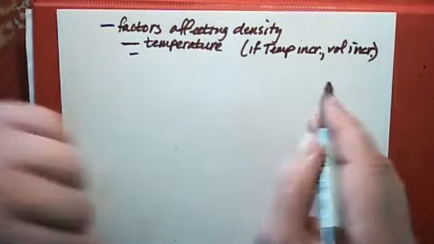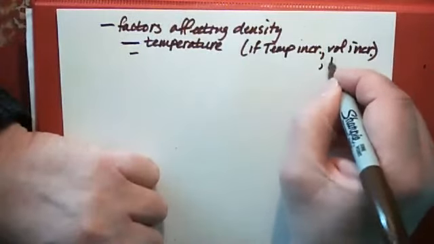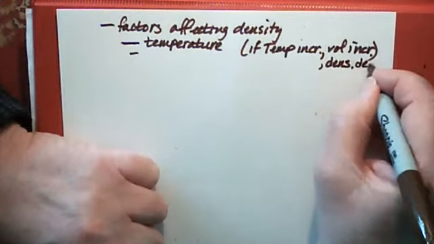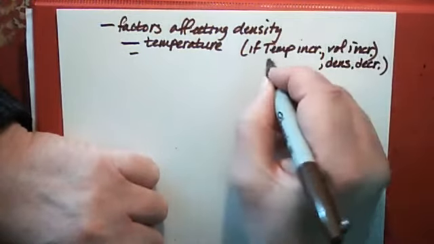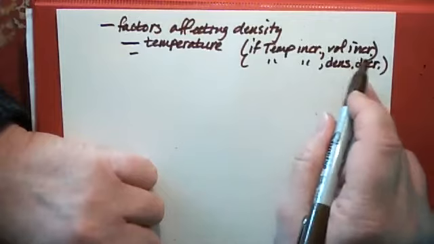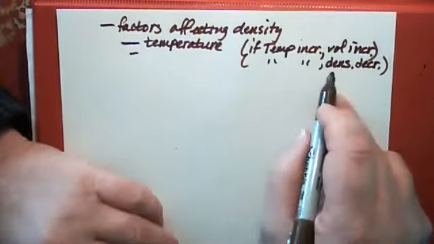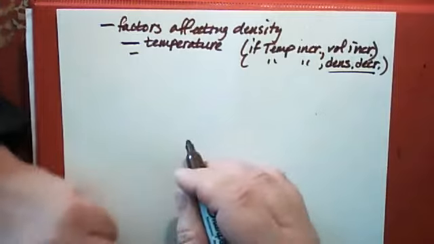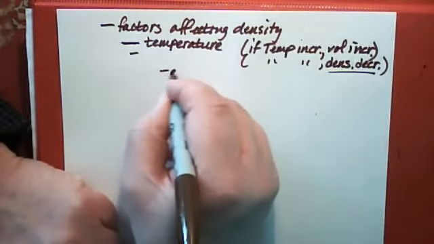And if volume increases, density decreases, because volume is on the bottom of the fraction, so if you divide by a bigger number, the result is smaller. So density decreases as temperature increases.